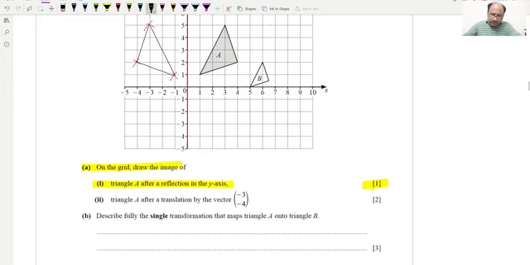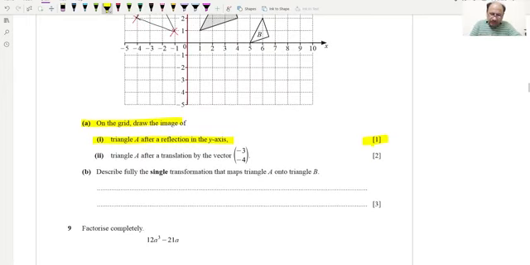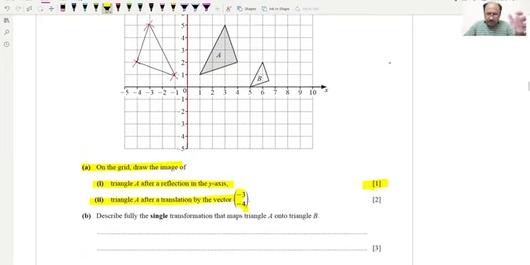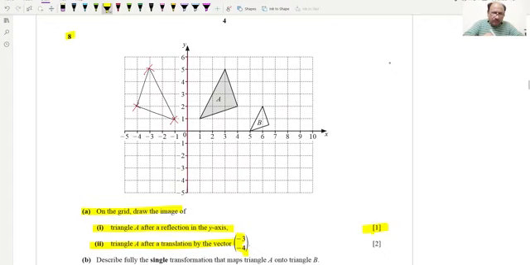Next is triangle A after translation by this vector -3 and -4. So triangle A is which one? What I will do, I will draw this triangle because I'm doing this on the laptop computer screen, so you can basically use paper and tracing paper.